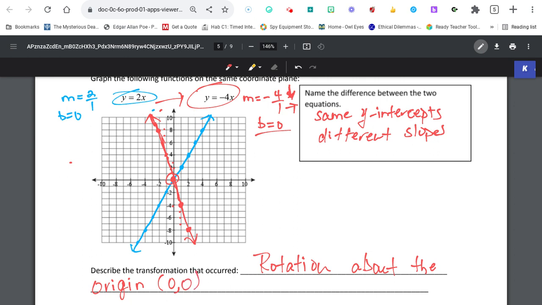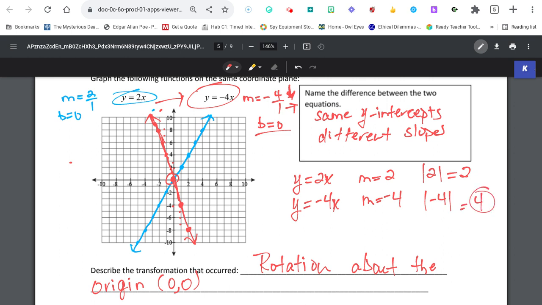And I'm going to talk about the slopes. So here, this slope is 2, and the absolute value of 2 is 2. On the other one, this slope is -4, but remember I said it's the absolute value. The absolute value of -4 is 4. 4 is greater than 2. So the red line will have a steeper slope than the blue line.